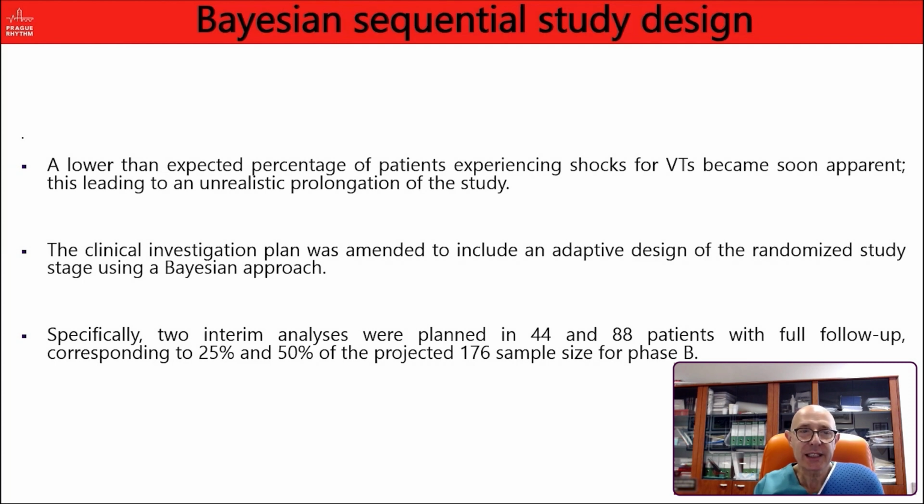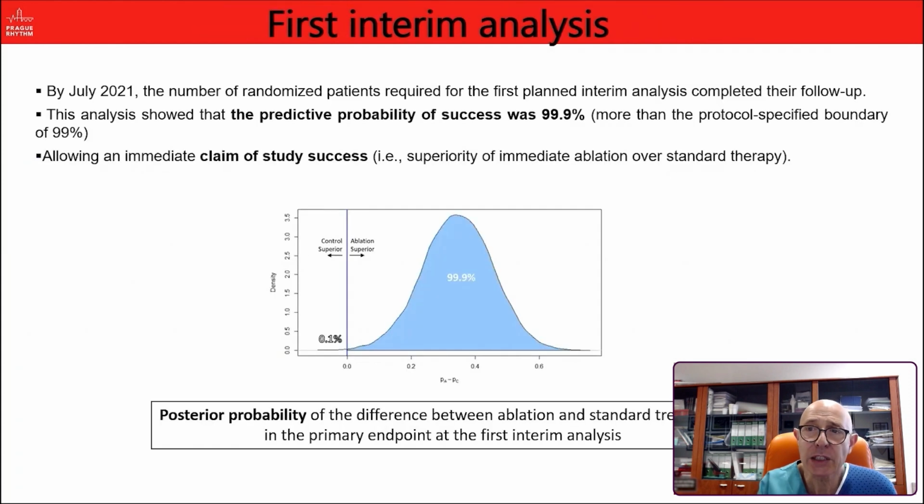So the clinical investigation plan was quickly amended to include an adaptive design for a randomized study using a Bayesian approach, and 2 interim analyses were planned at rates of 25 and 50% of the projected sample size for phase B. Actually, by July 2021, the number of randomized patients required for the first interim analysis completed the study enrollment, and the analysis showed that the predictive probability of success was higher than the protocol-specified boundary of 99%, so that allowed an immediate claim of study success. There is superiority of immediate ablation over standard treatment.